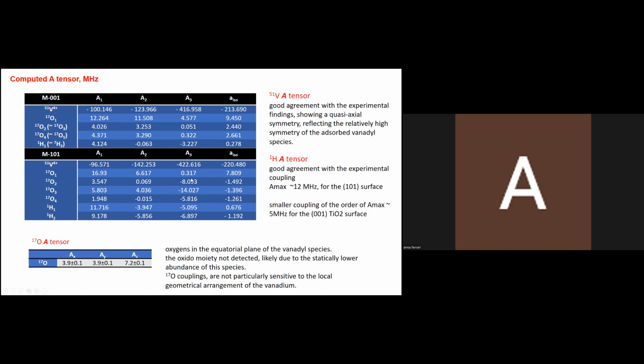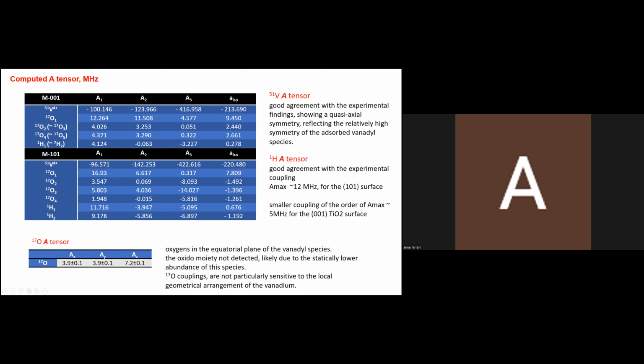Okay, now we consider the tensor computed for the proton. Okay, they are reported here. We see that in the case of the 101 surface, we have a value of around 12 megahertz, this is the experimental value, and you see here the computed value is very close.